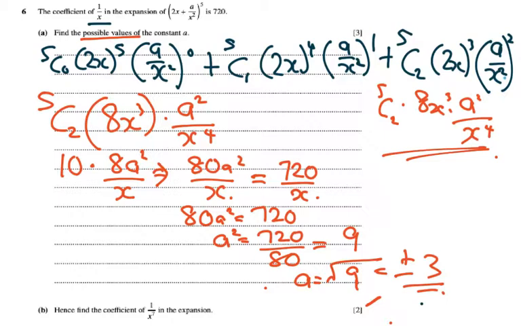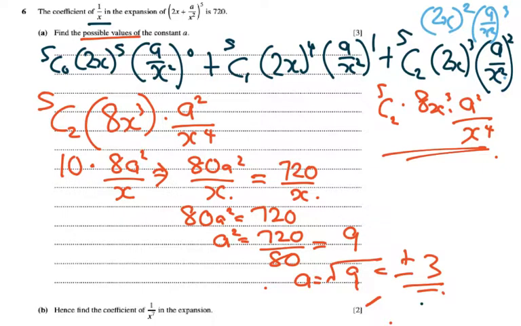What about the next one? It is 2x to the power of 2, and then a over x squared to the power of 3. That gives 2x squared over x to the power of 6, which is 1 over x to the power of 4.